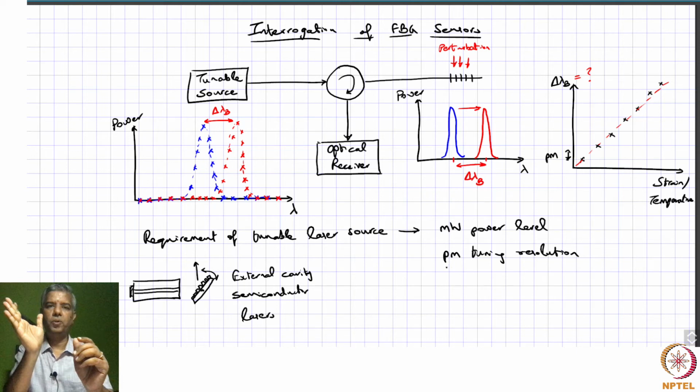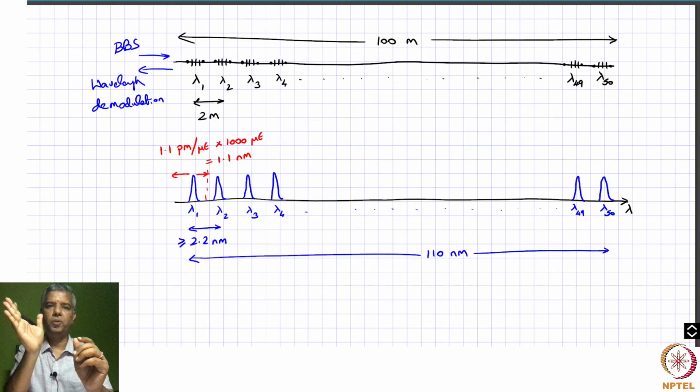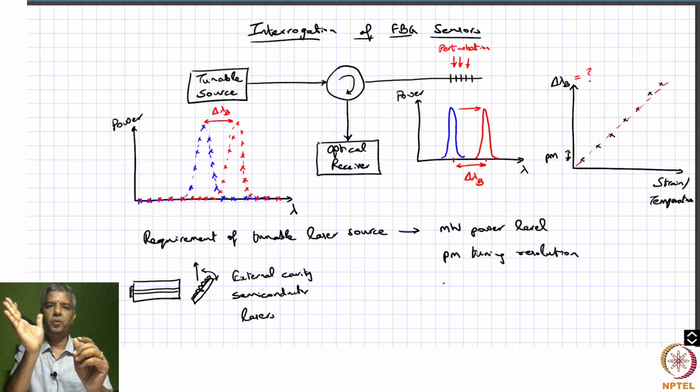But then what else do you need? Well, if you want to have applications like these enabled, we are talking about tuning over 100 nanometers. So you need something on the order of 100 nanometer tuning range if you want to interrogate multiple sensors.